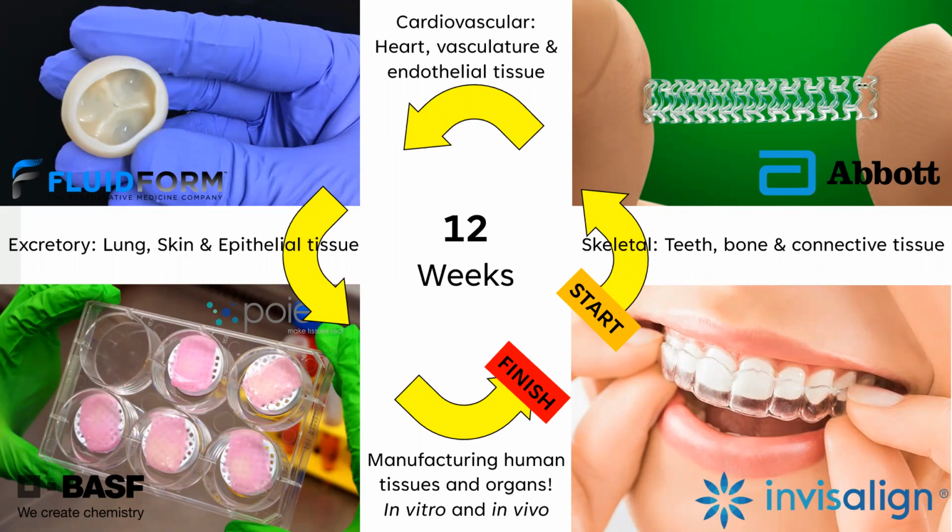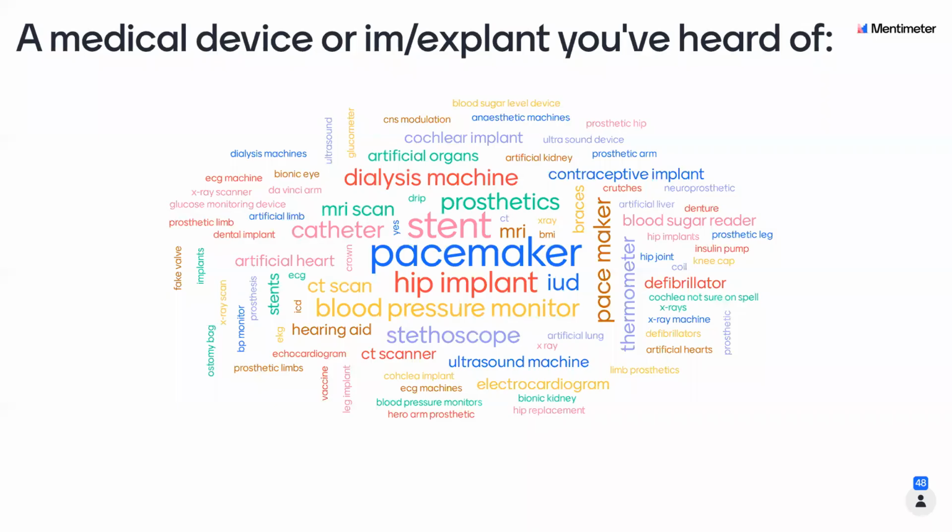And then we'll continue moving on to our lung, skin, and other systems involved in the excretory system. And then we'll be talking about manufacturing of human tissues and organs. So just a recap of where we are right now.